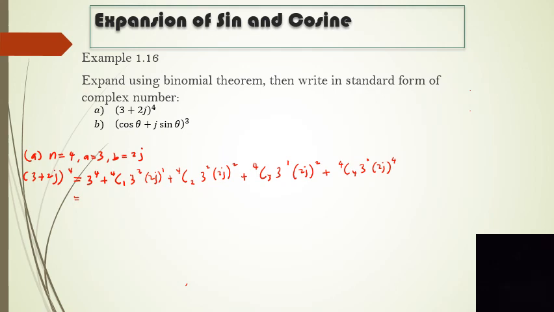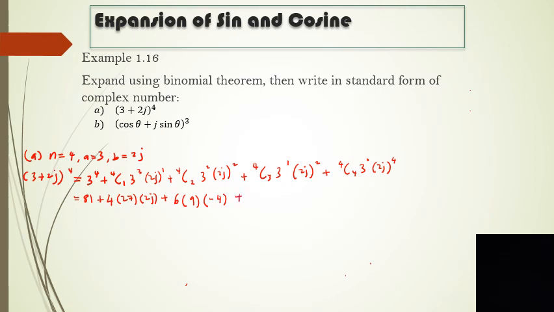3^4 is 81 plus 4C1. 4C1 is 4 times 3^3, which is 27, times 2j, plus 4C2. 4C2 is 6. 3^2 is 9. (2j)^2 will be 4j^2, which is negative 4.